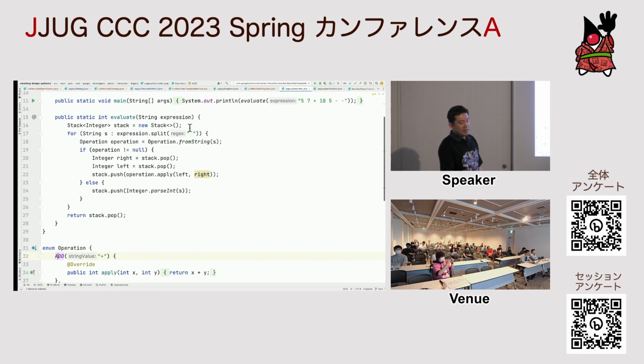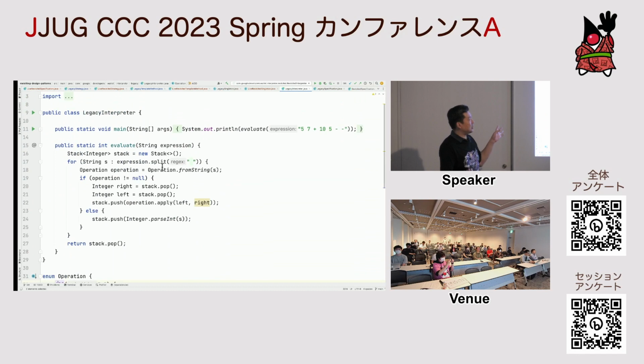Okay. And here you're using a stack to represent a calculator. So you can use this syntax, which is called reversed Polish syntax for operations. If you ever used an HP calculator, it's the same syntax.